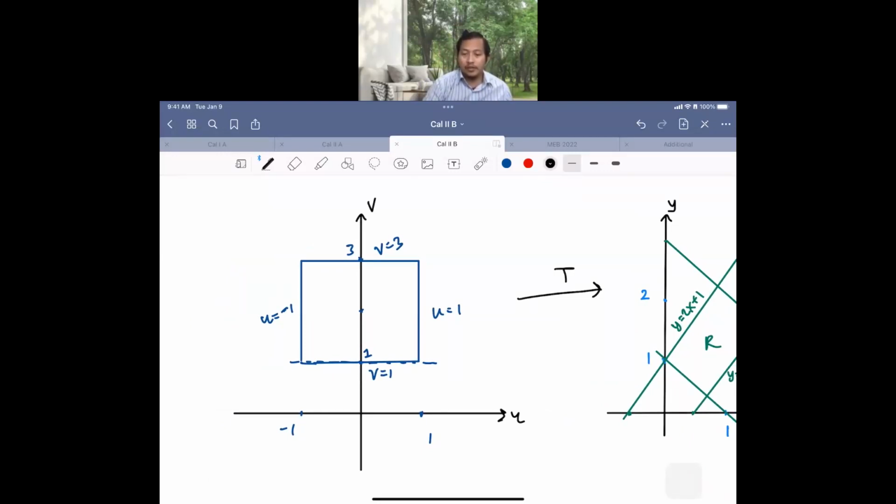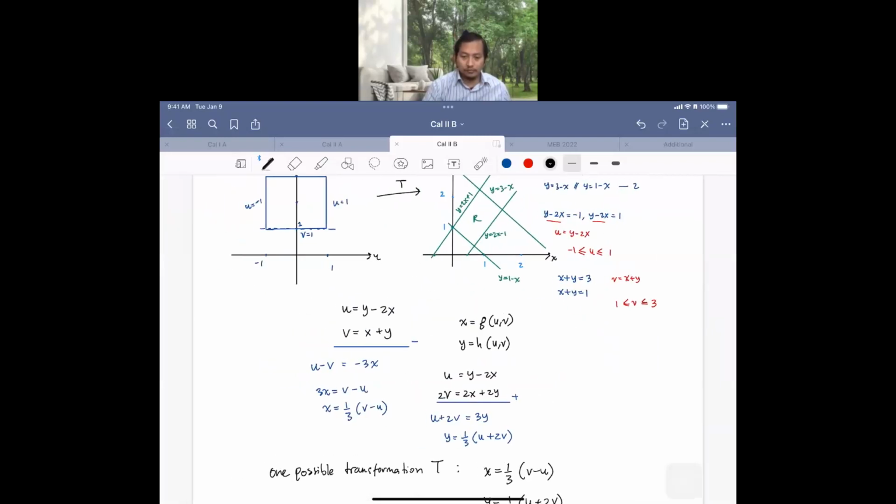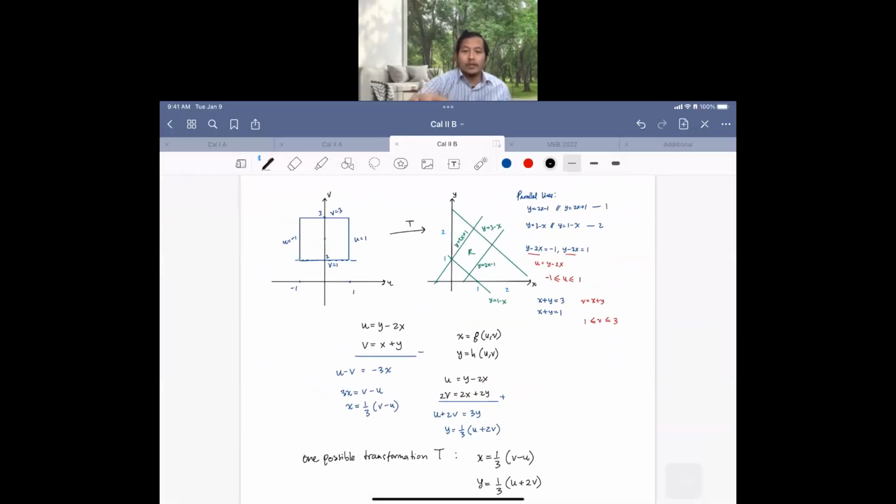If you want to double integrate and calculate the volume or area, it will be better through this calculation. Okay, is there any questions? Yeah, the question is just asking for the transformation that maps S to R.